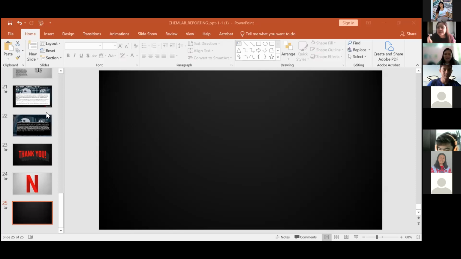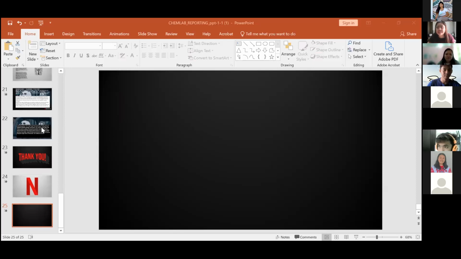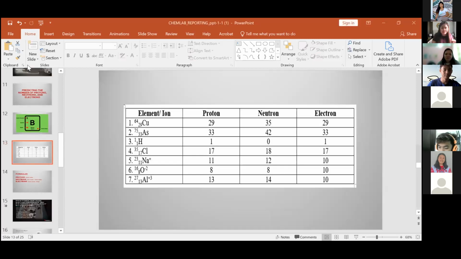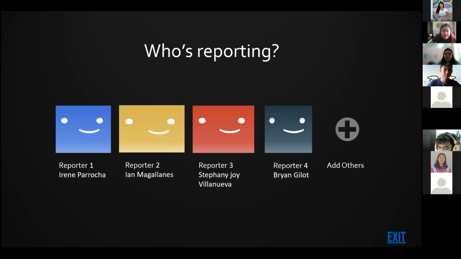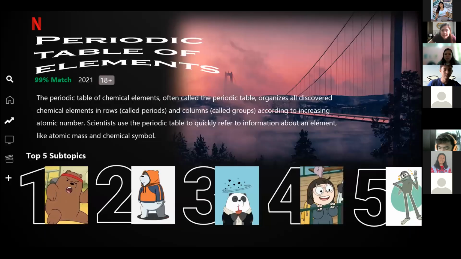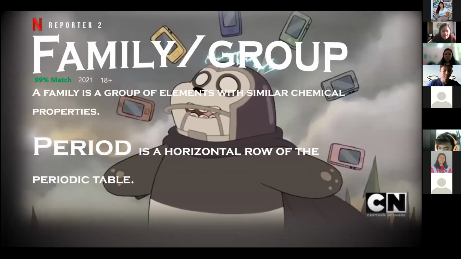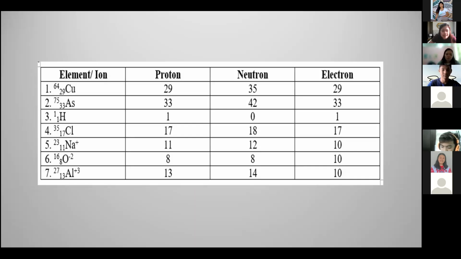Okay, can you go back to the slides predicting the numbers of subatomic particles? Let us check once again. So please take note of this. So again, we have here 3 subatomic particle classes. Do not forget, pag mention mo proton, that's the positively charged.